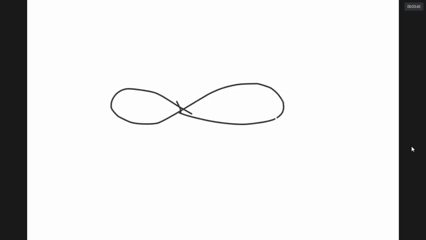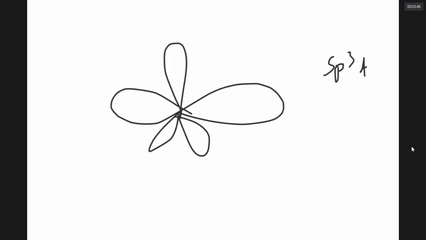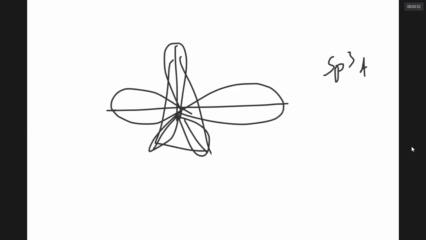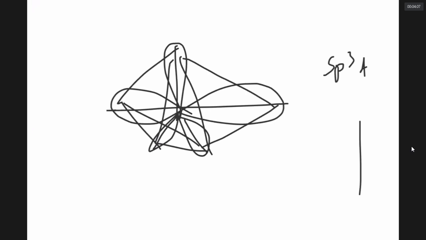If the central atom undergoes sp3d hybridization, these are axial bonds, these are equatorial bonds. What is the shape? Trigonal bipyramidal. I have made it lie down because vertically I don't have place.